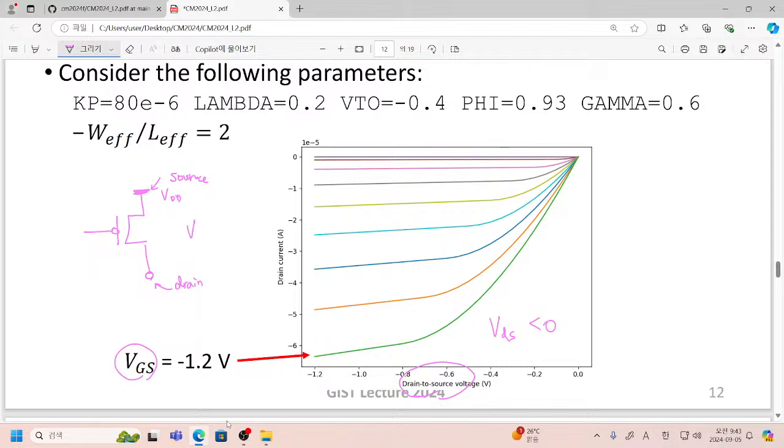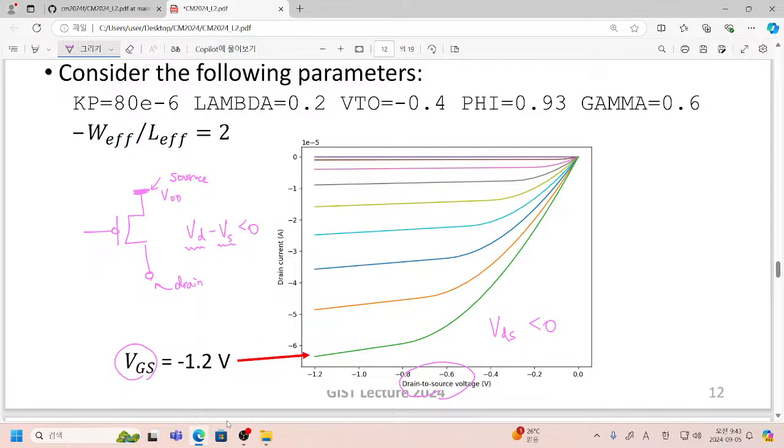So when you take the difference between VD and VS, because VS is higher, usually you have a negative value. Also, your gate-to-source voltage is negative because the source is regarded as the highest voltage we can have.